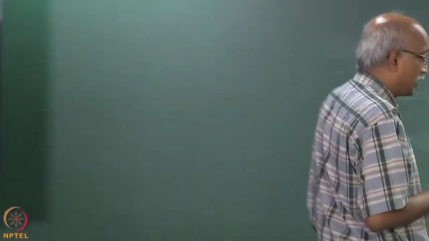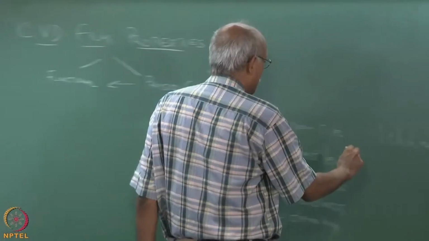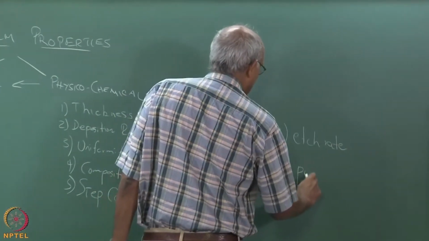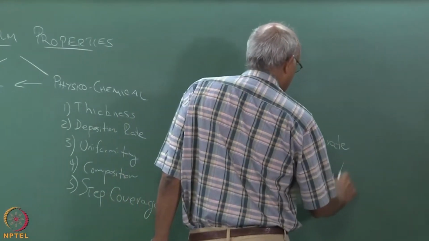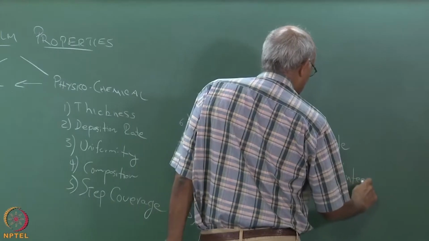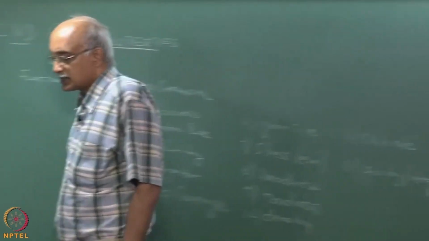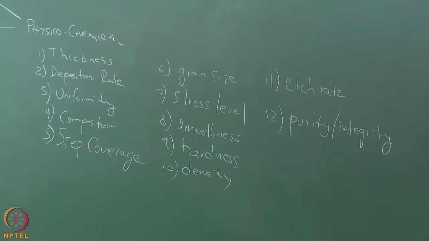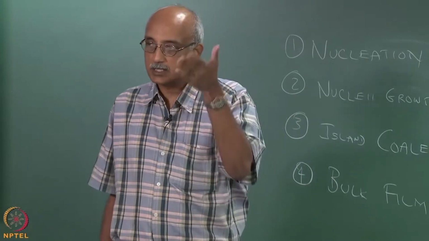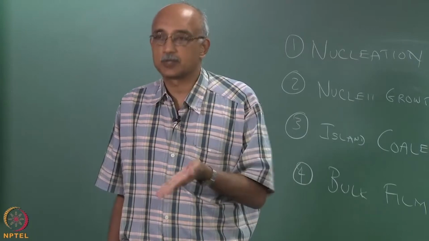And in fact, another parameter that we need to look at is purity and integrity. Purity is essentially the level or concentration of impurities in the film. Integrity refers to how that purity changes as a function of the depth of the film.